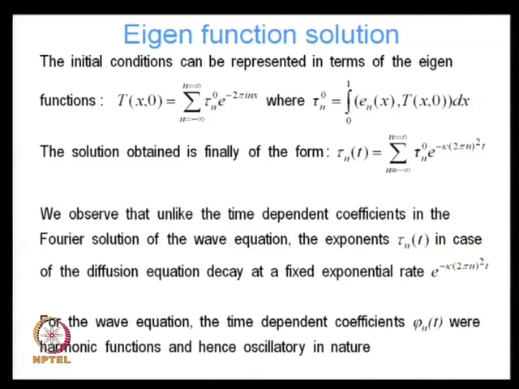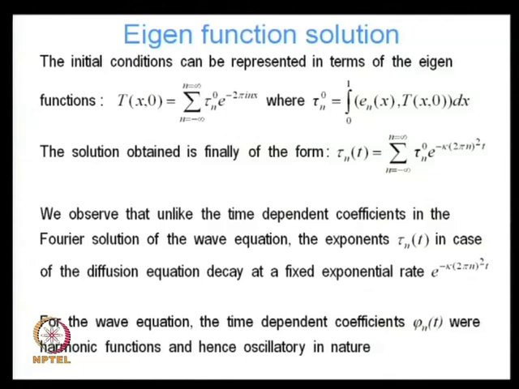However, one important thing to observe is that for the diffusion equation, the time dependent coefficients in the Fourier solution decay exponentially. You see this term minus k 2 pi n squared t. It means that as time increases, this becomes smaller and smaller.